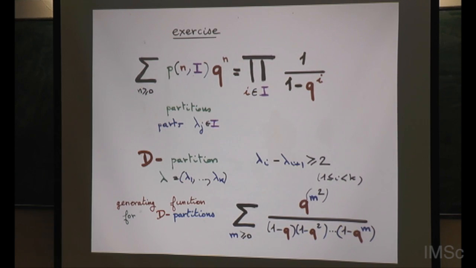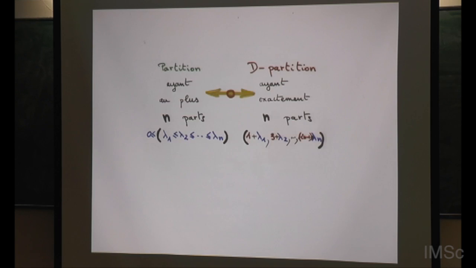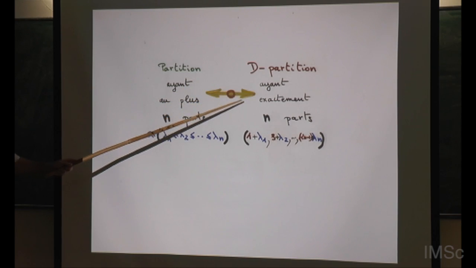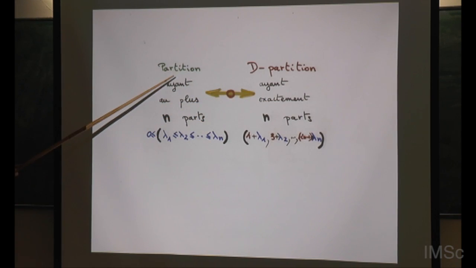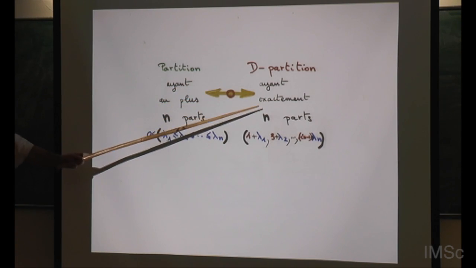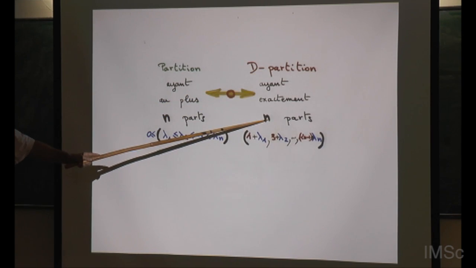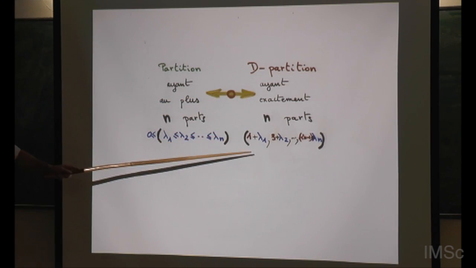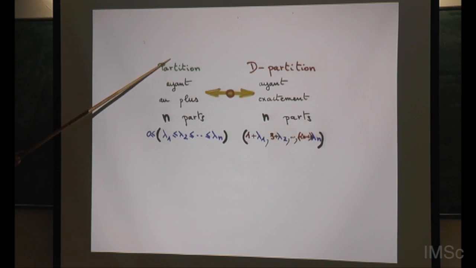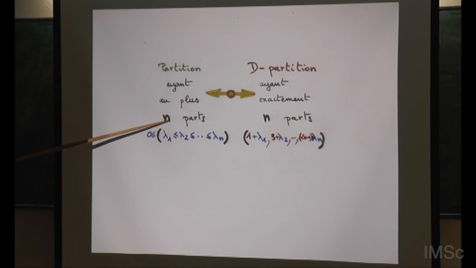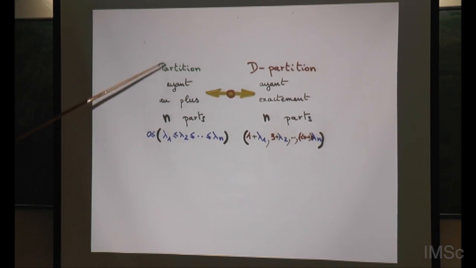And I give you a hint for the exercise. The hint is in French. I forgot to delete it. Find a bijection. There is a bijection between D-partitions having exactly n parts and partitions with at most n parts. And you see there is a shift.